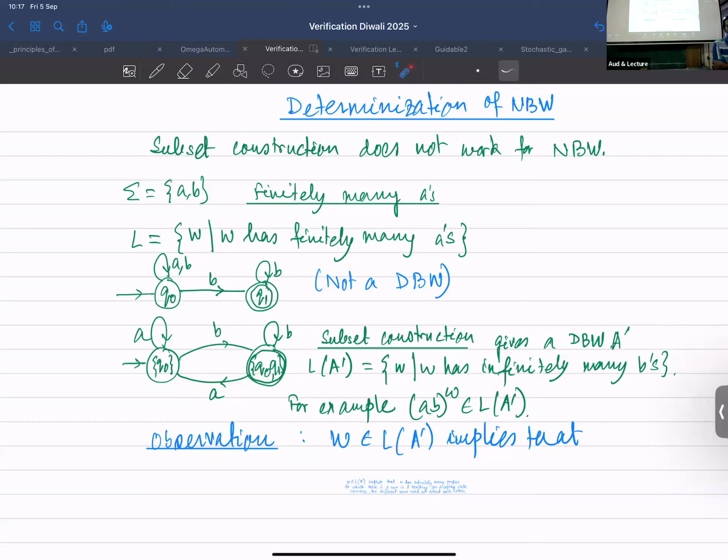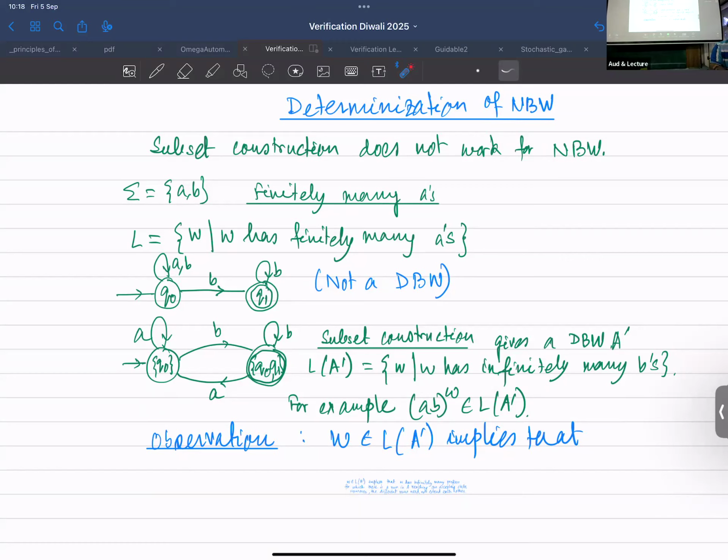This is the first thing you would try. If I ask whether NBW are closed under determinization, you will try a subset construction and see what you get. But what language is this DBW accepting?